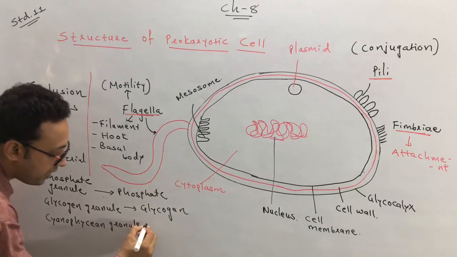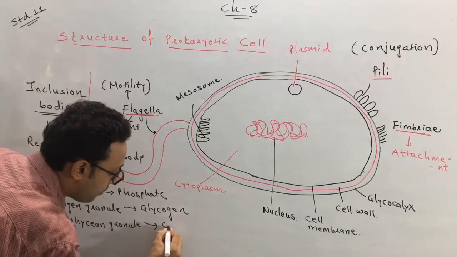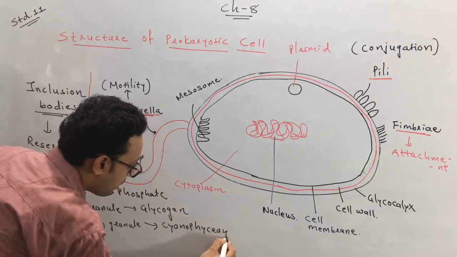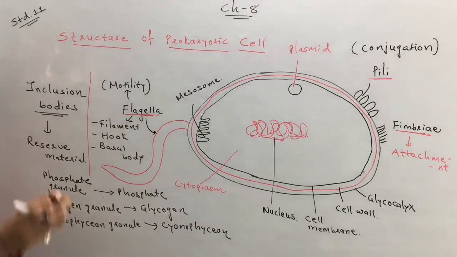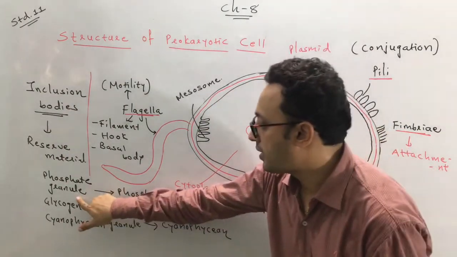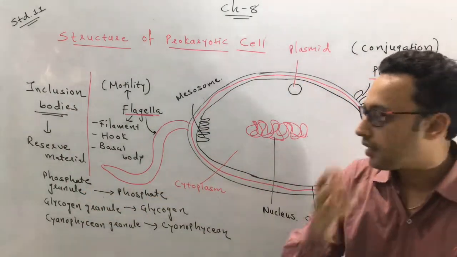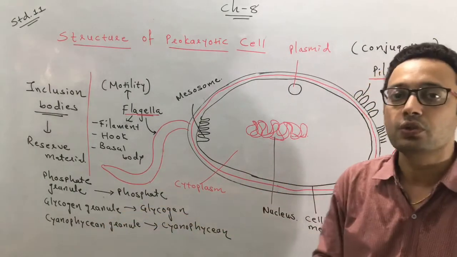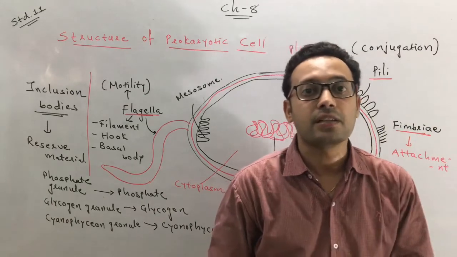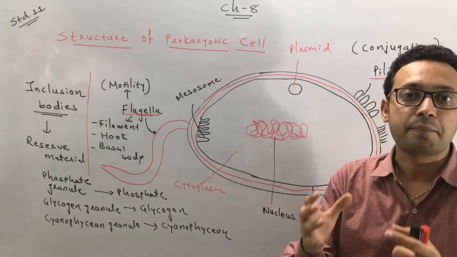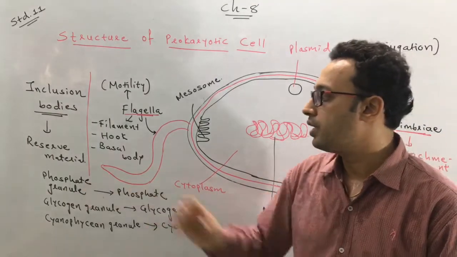So now you know what it contains: cyanophycean, a kind of pigment. The ultimate thing is that they are named based on the material they store, or the reserve material they possess.